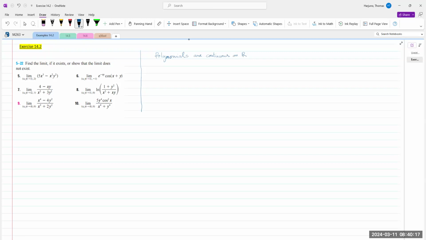Now if we extend this to multivariable polynomials, then they are also continuous on the whole plane. Besides polynomials, we also have exponential functions.